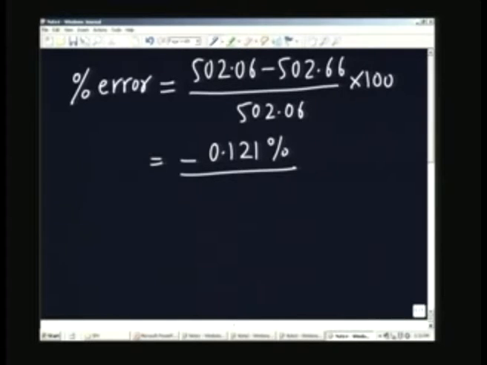So, you get a value of minus 0.121%. This is quite negligible, negligibly small.